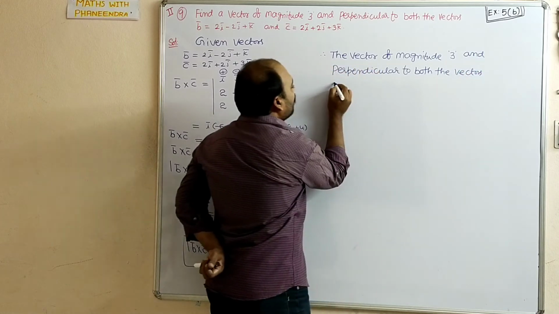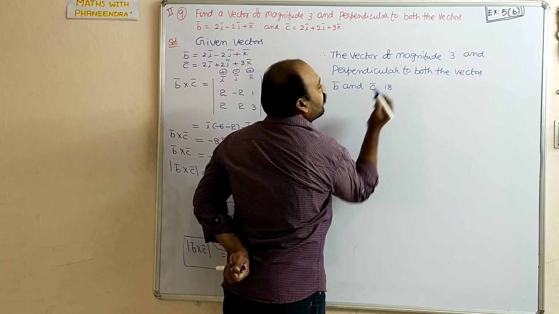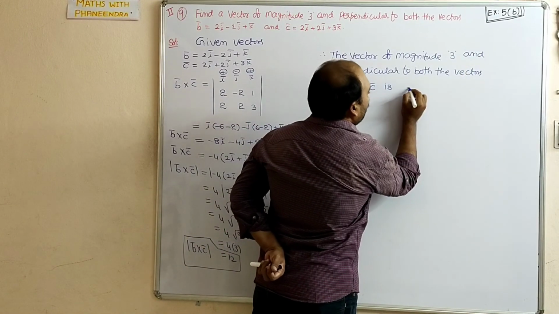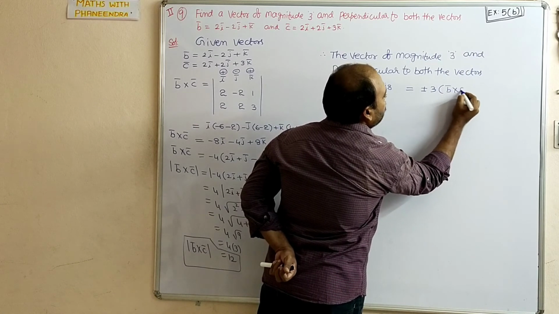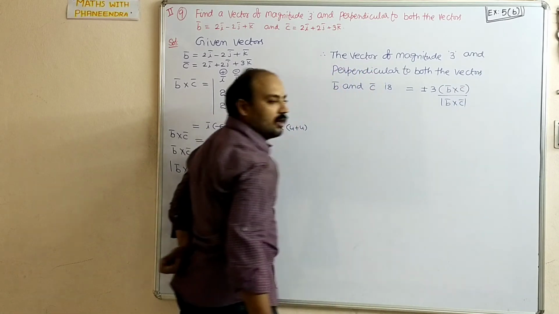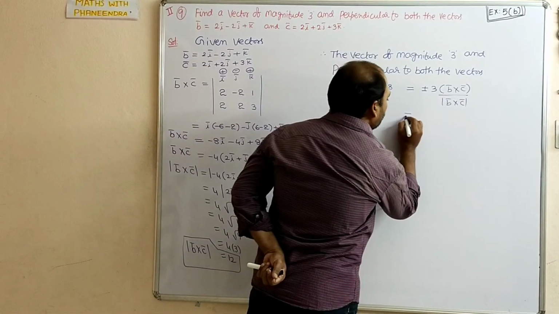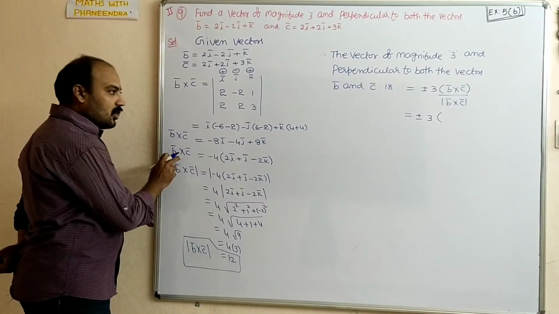to both the vectors b bar and c bar is, here the magnitude is 3 now, so we can write it as plus or minus 3 times b bar cross c bar divided by the magnitude of b bar cross c bar. So which is equal to plus or minus 3 into, what is b bar cross c bar?